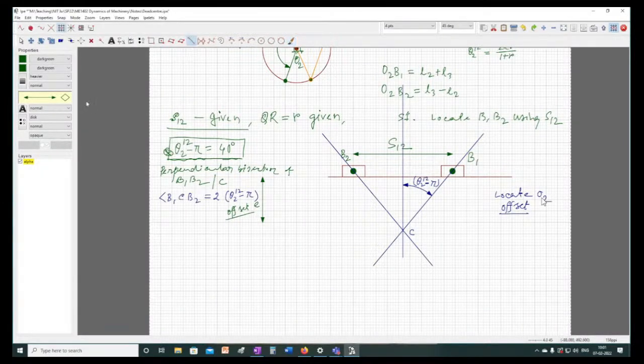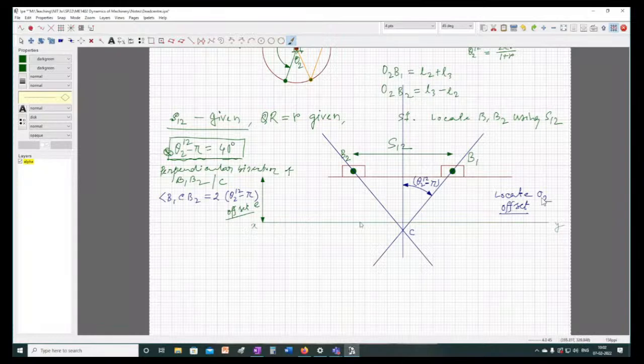Now we will have a line parallel to this line B1 B2. If we draw it like this, suppose we call this line the xy line. On this xy line, somewhere the center should be, because the offset distance is this one.